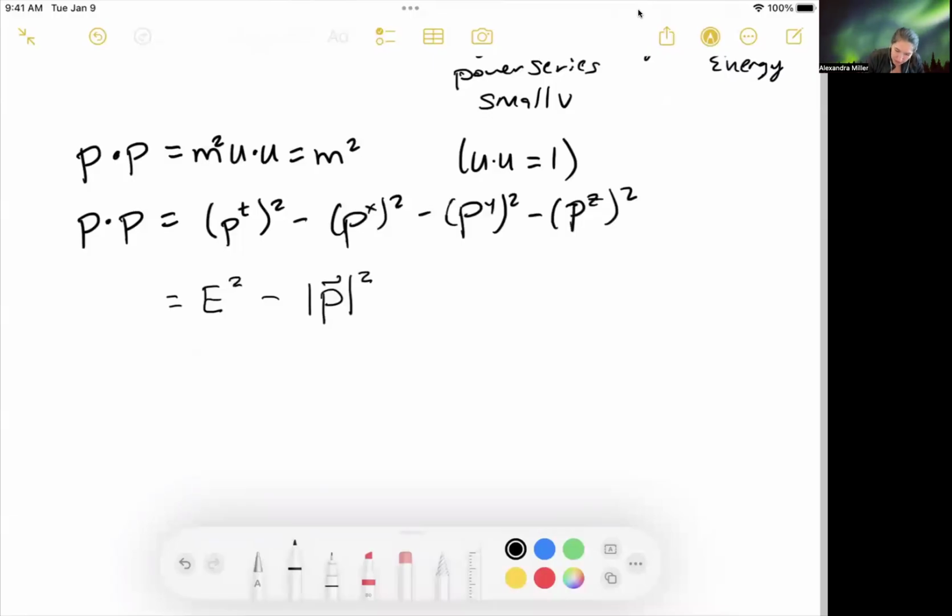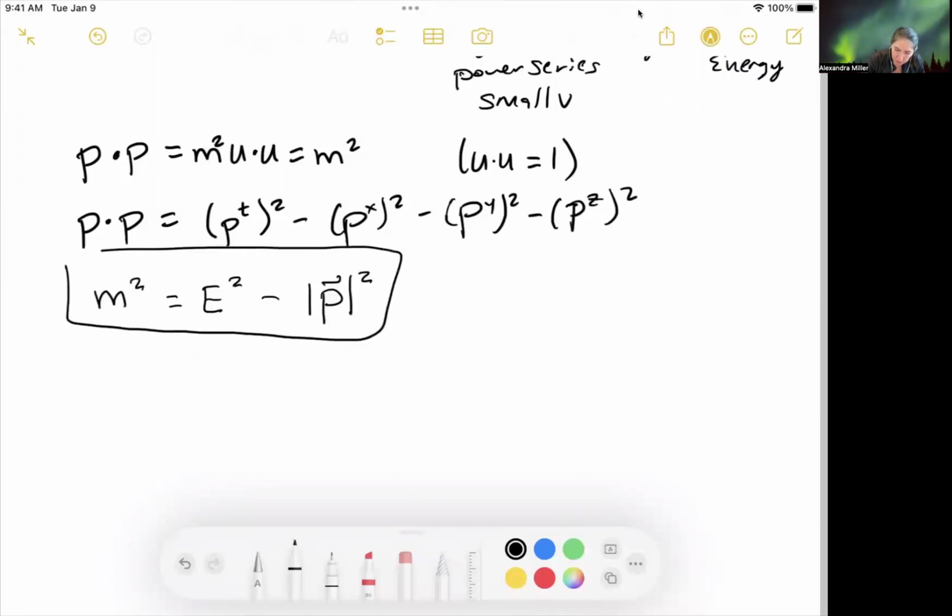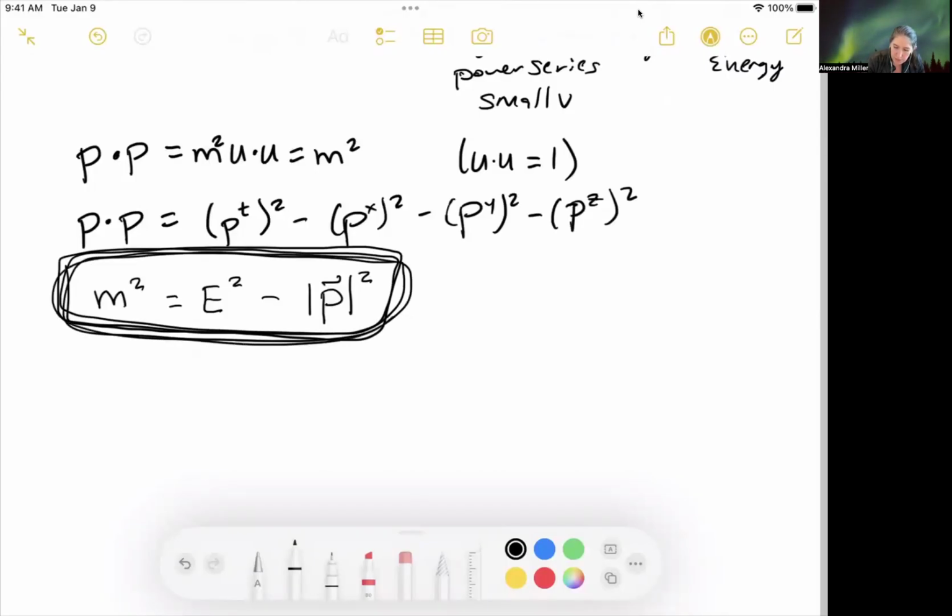If we set these two equations equal to each other, what we're left with is m squared equals E squared minus our relativistic momentum squared. I'm going to box this a million times because this is an incredibly important and useful equation, because it's relating our mass to energy and momentum.